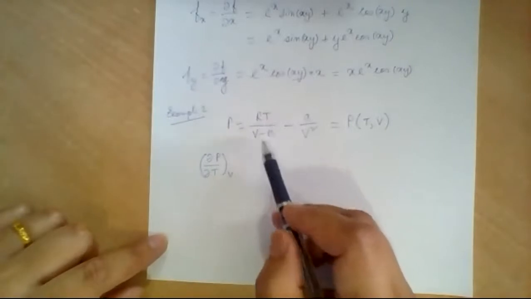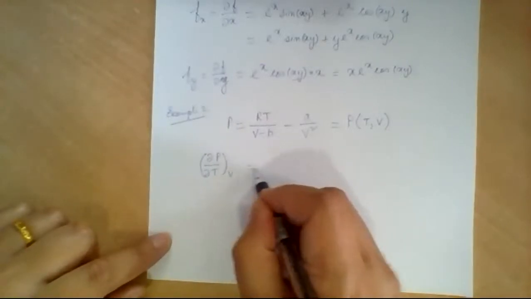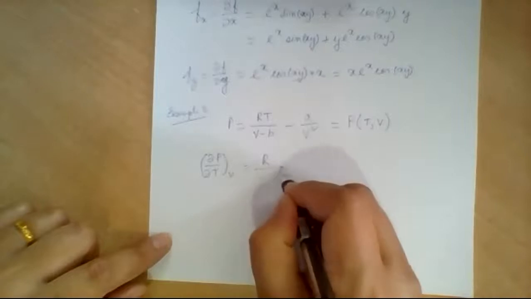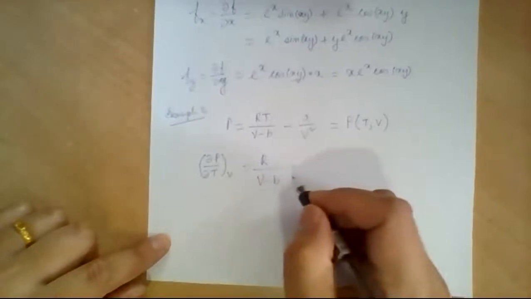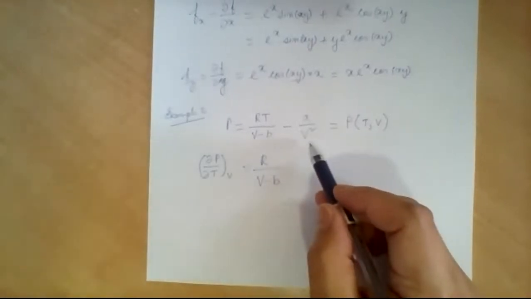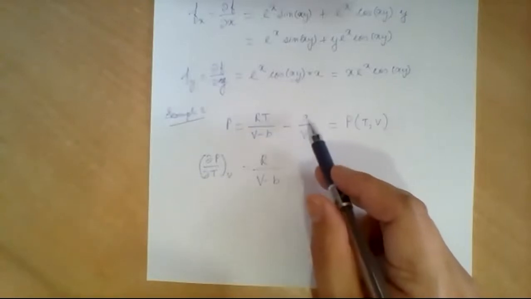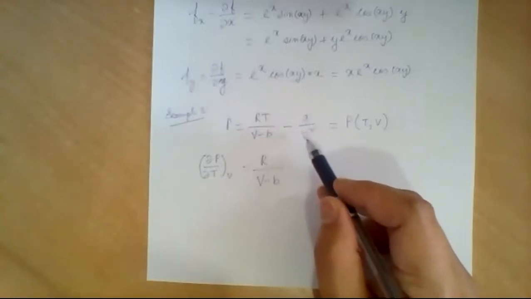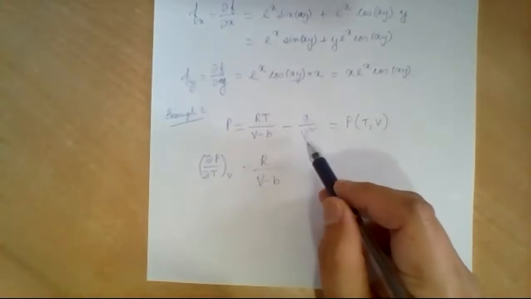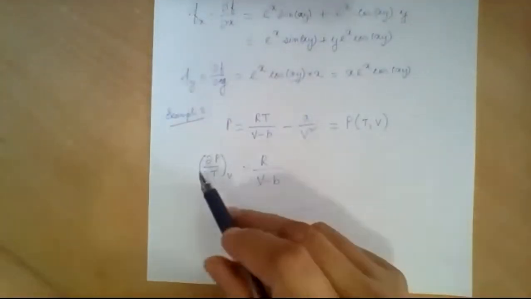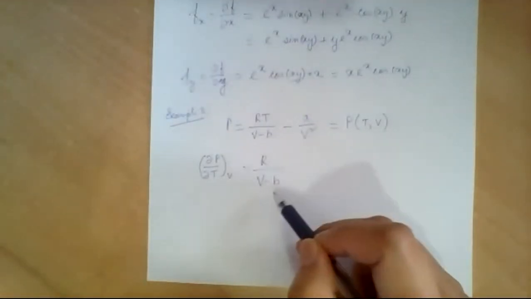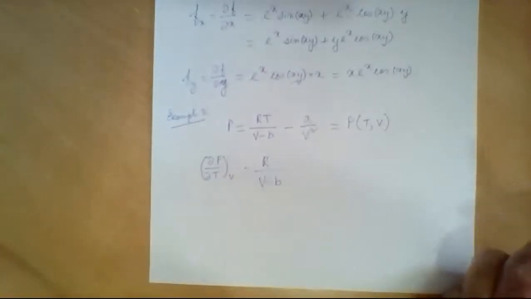We will differentiate this taking V as a constant. So this will give us R divided by V minus B. The second term has no T, so we consider it as a constant, and its derivative with respect to T is 0. So del P by del T at constant volume is simply R divided by V minus B.